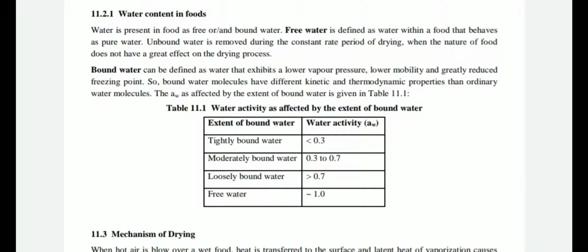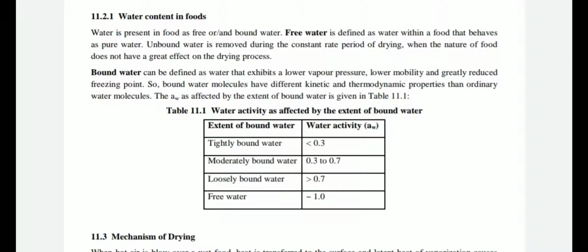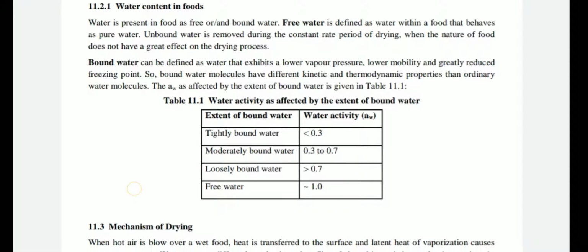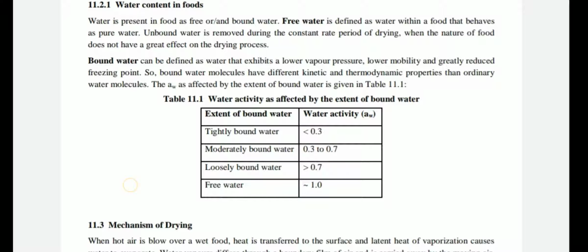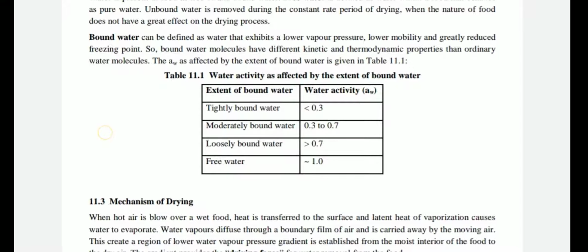Now this is the table. The table heading is water activity as affected by the extent of bound water. Tightly bound water has a water activity of less than 0.3, so it is mostly unavailable for chemical reactions and microbial reactions.